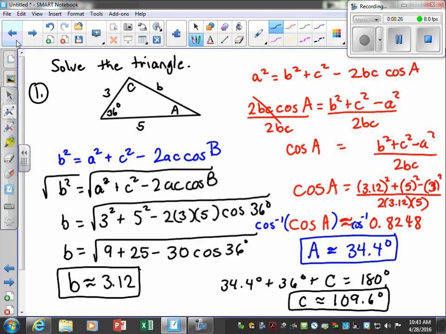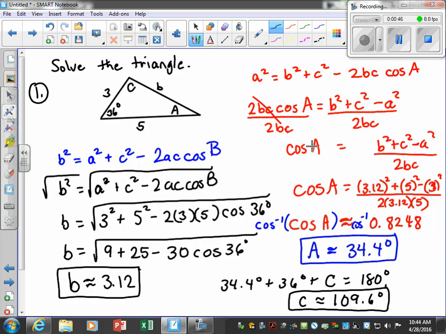Now, let me go back to this previous page. When we started with the formula I had cosine of A, it was this one, right? And then we basically rearranged. We moved this term to the left, we moved this term to the right so that we have this, and then we divided both sides by 2bc. That gave us this cosine of A formula.